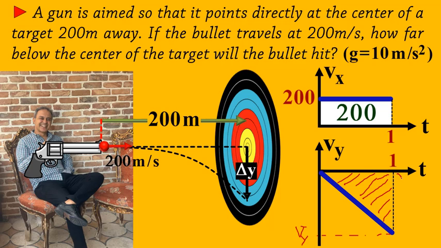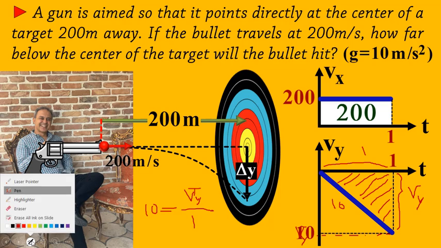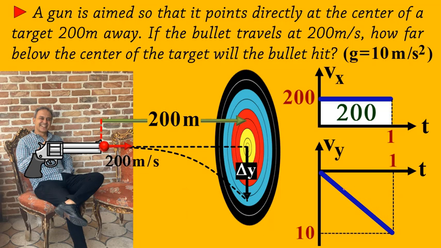In this triangle, the height is Vy, the base is 1, and the slope of this hypotenuse is 10. So slope is 10. Slope is height over base. Height is Vy and base is 1. By rearranging this equation, I will have Vy to be 10 meters per second, the final vertical velocity here.